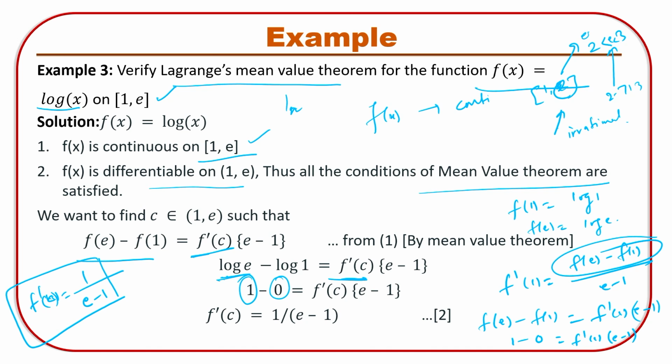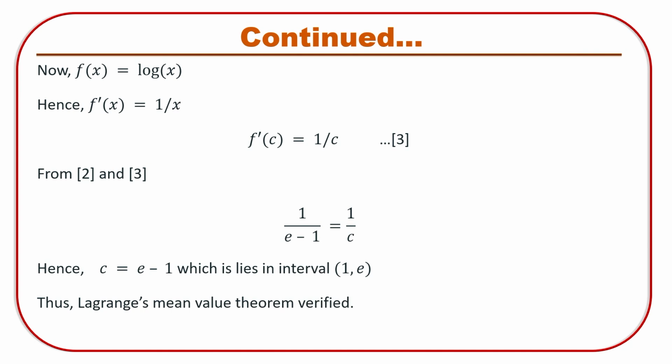But we can find f dash of c directly from the given function, because since the function is differentiable, I can take the derivative of that function in that closed interval. What will be the derivative of log x? It is 1 by x, right? So f dash of c is equal to 1 by c.